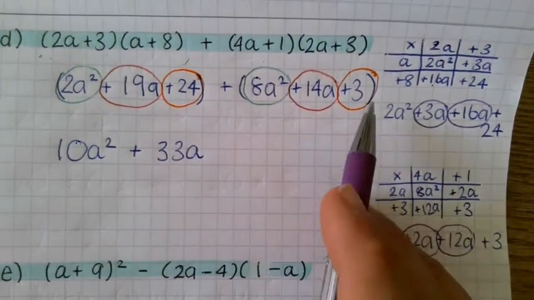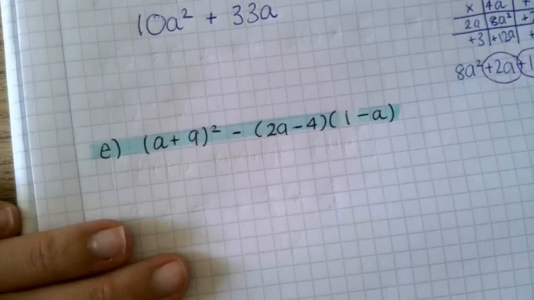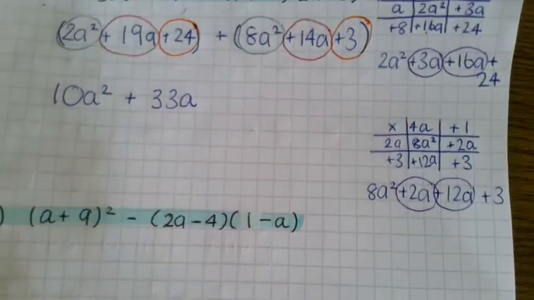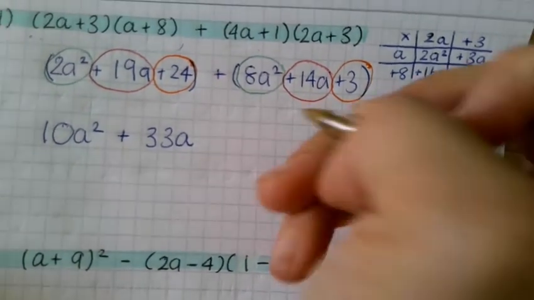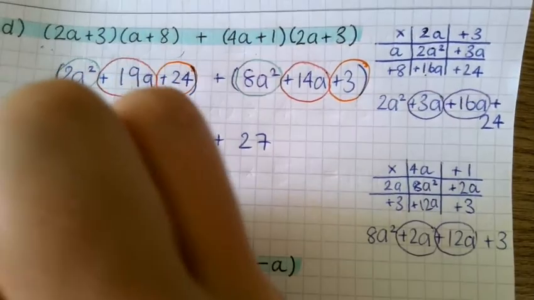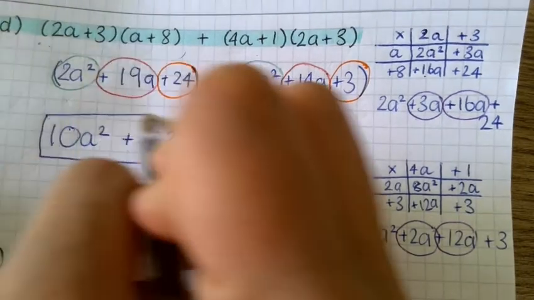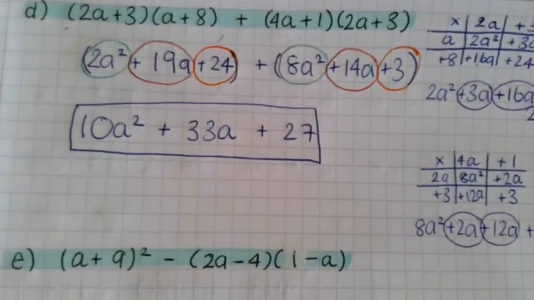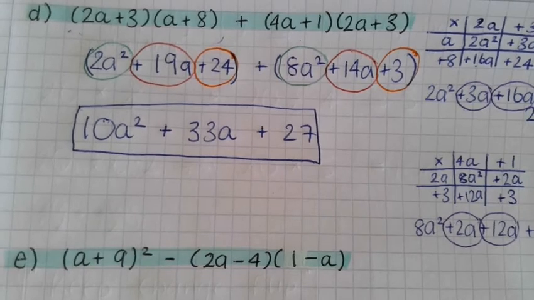So these oranges collect together to give me plus 27. So that whole expression up there in the highlight simplifies down to 10a squared plus 33a plus 27.